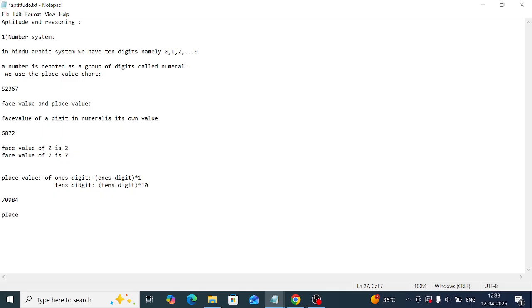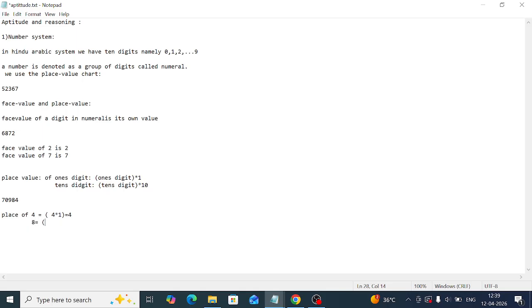Here 4 is in the units place, or ones place. So 4 into 1, which is equal to 4. Next, what is the place value of 8?